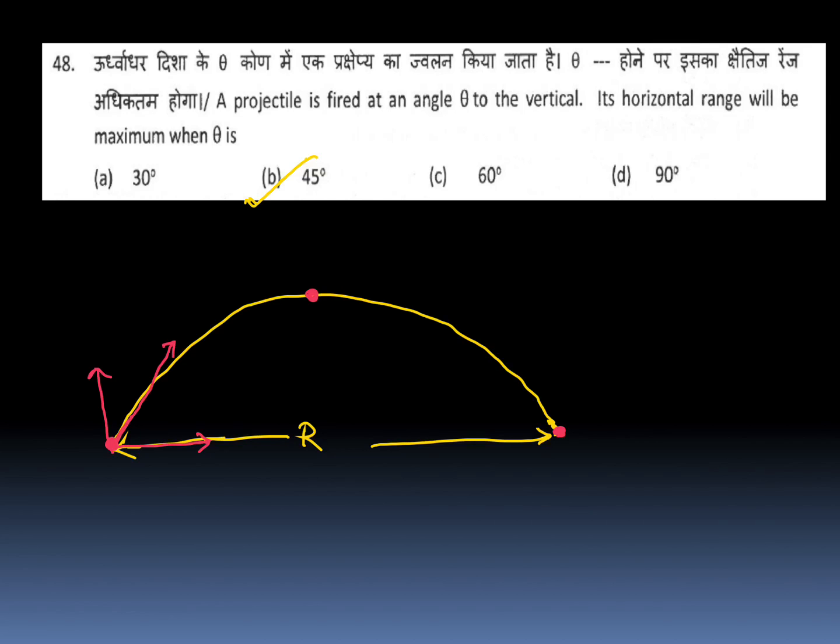This angle is theta: V cos theta and V sin theta. At the top point, V sin theta is 0, only V cos theta is available. Here also V cos theta, downwards V sin theta.